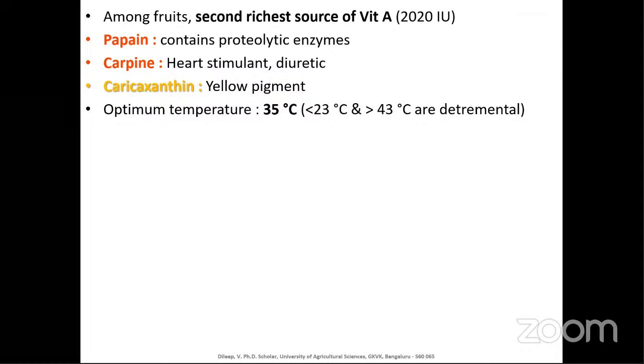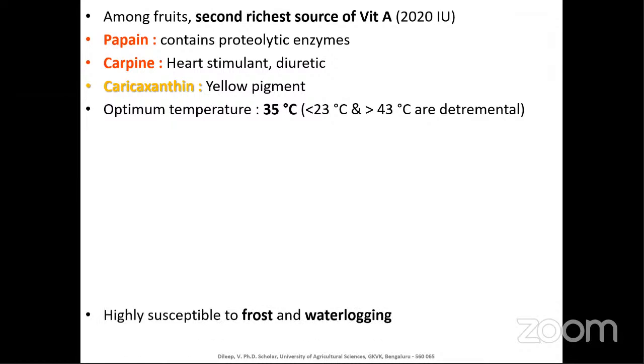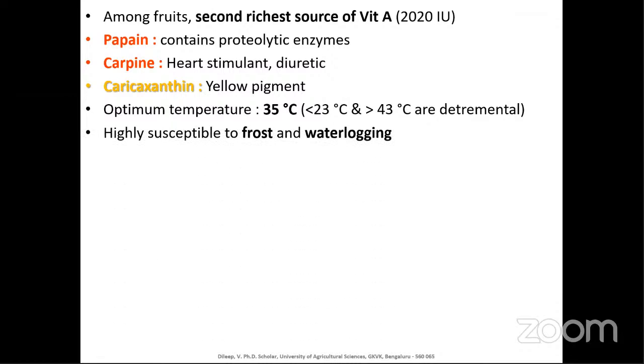Temperatures below 23 and above 43 degrees Celsius are detrimental to growth and development. This is common for all the fruit crops, since we have come across mango and banana. It is highly susceptible to frost and waterlogging, same as banana.